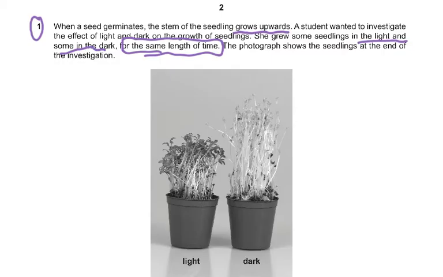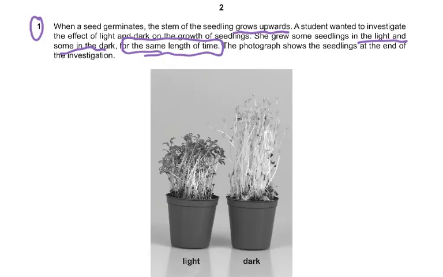Now think you're going to do this in the lab, and you have these two pots, and you have a couple of seeds in one and a couple of seeds, the same type of seeds and the same number of seeds, in both. And then one you've kept under a lamp, and you switch on the lamp for a specific period of time, and then you switch it off, while the other one you've kept in the dark and there's no light.